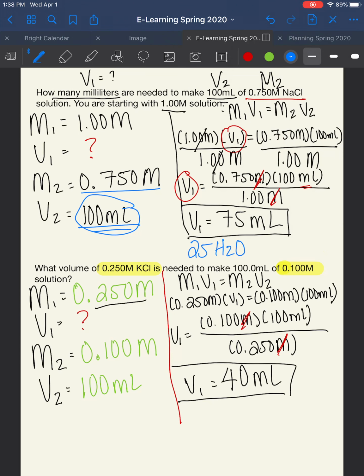Since I want to make 100 mLs and I only have 40 right now, the difference, 100 minus 40, is 60 mLs of H2O that I need. Okay, so that will be it for this lecture, my students.